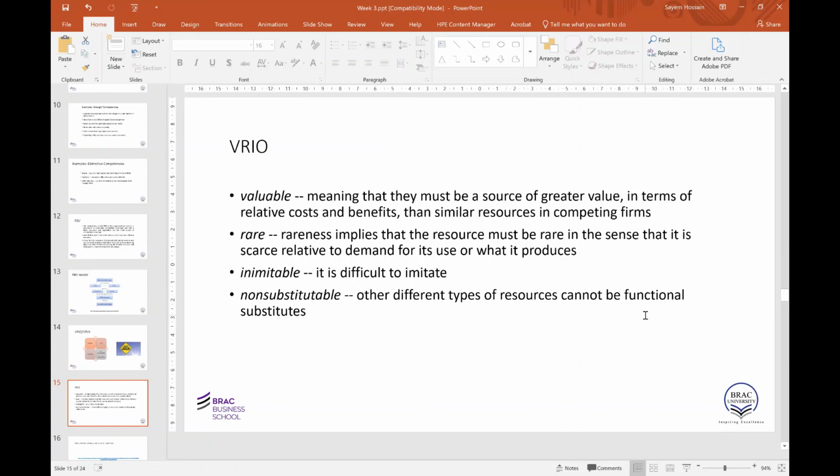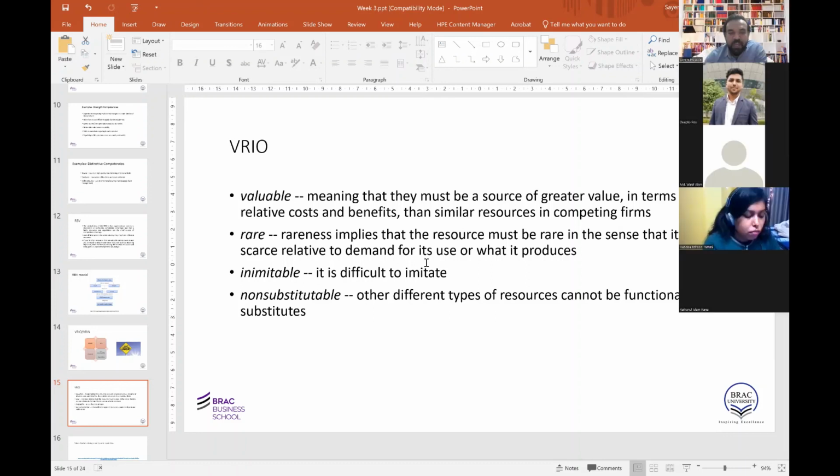So there's got to be some non-substitutability aspect as well, that other functional products cannot be a functional substitute for that product. Does your product have any feature embedded into it like that? That's what is called non-substitutability.